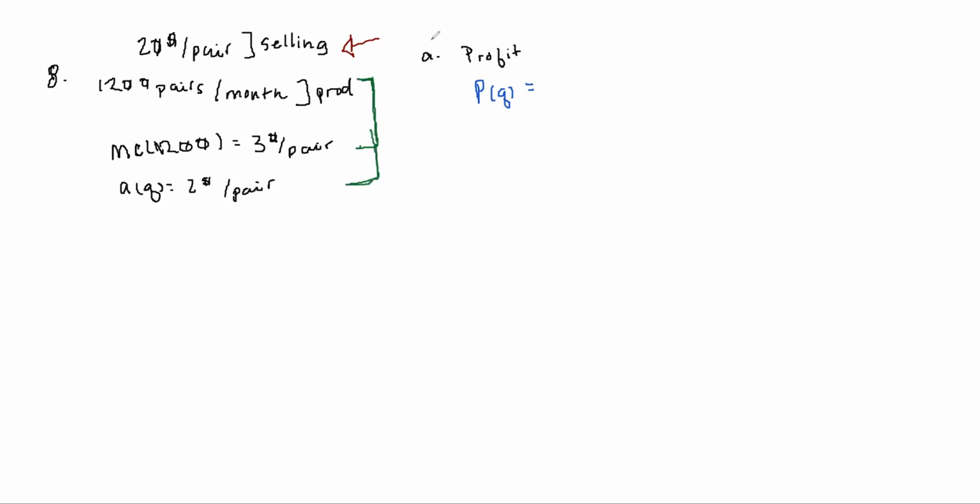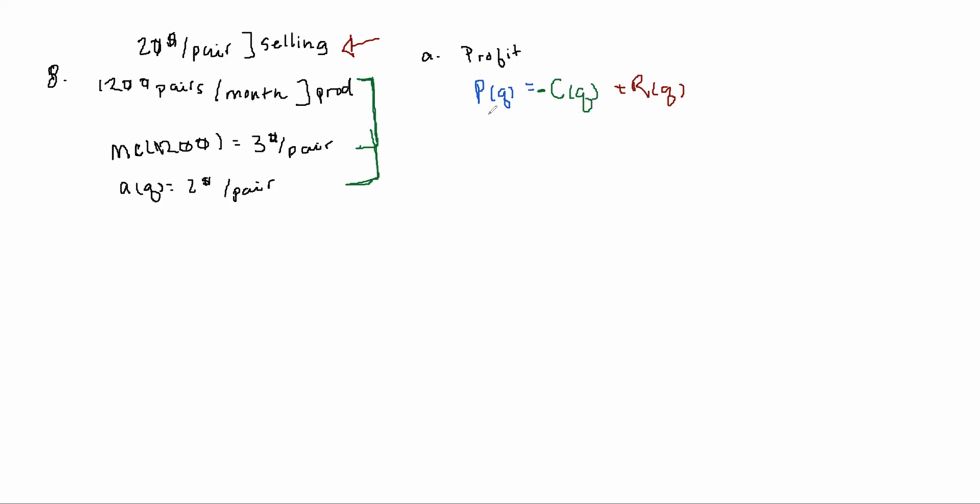No, that's essentially it. What I'm going for is cost and revenue, and it's revenue minus cost. So however much money I make selling these minus however much money I spent making them is going to be my profit. Simply.